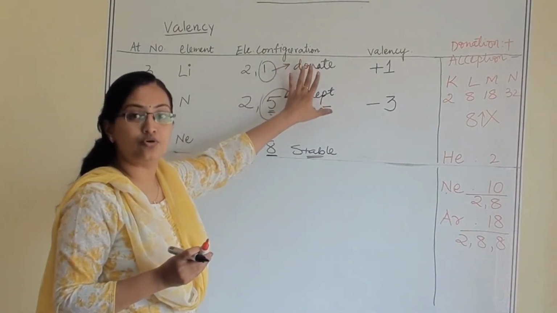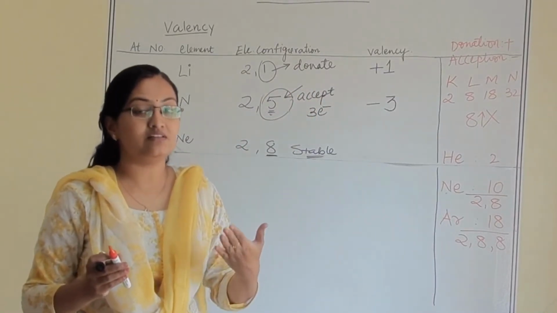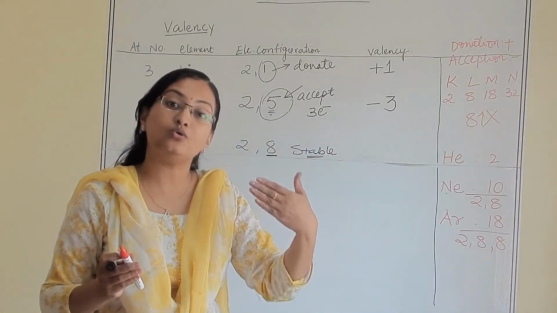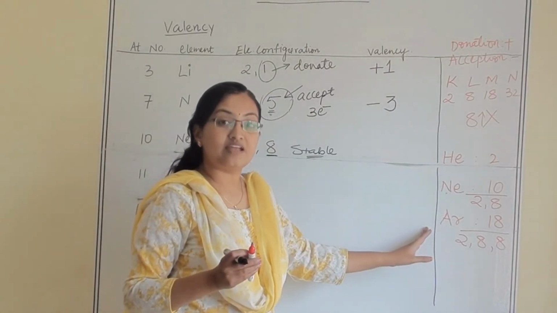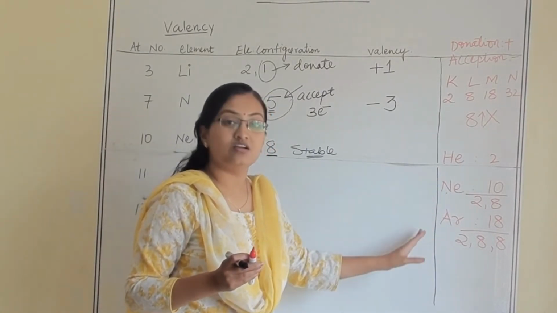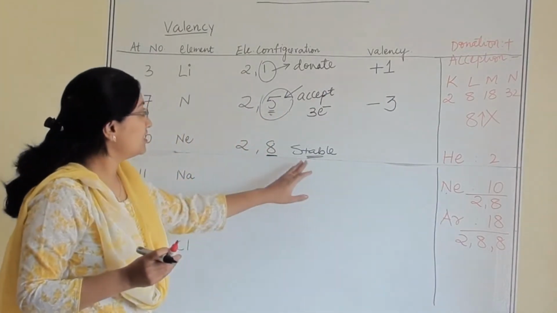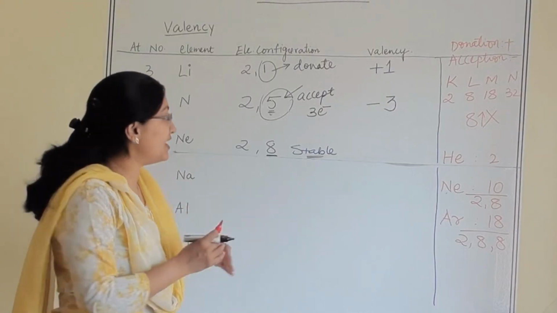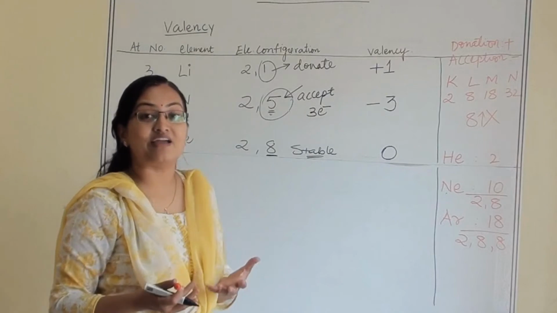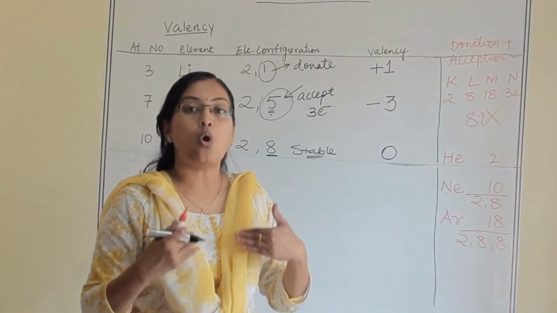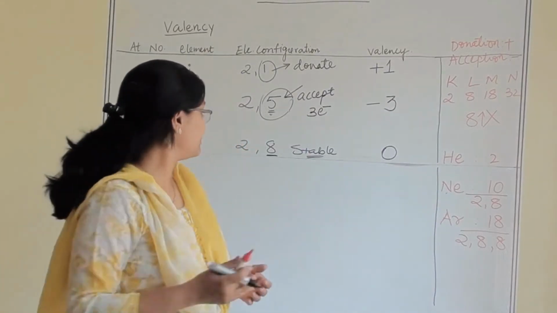Why are they doing so? Because they want to be stable. If any element is not stable, then it wants to be stable. How will it be stable? By acquiring an electronic configuration just like noble gases, because noble gases are stable. So here it is already stable. So neon's valency will be 0. Why is it 0? Because it does not have any tendency to accept electrons or to donate electrons. Why is it so? Because it is already stable.